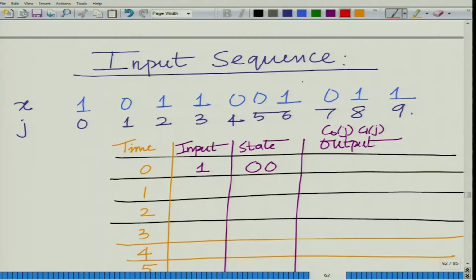Okay. So assume that we are starting from the state 0 0.